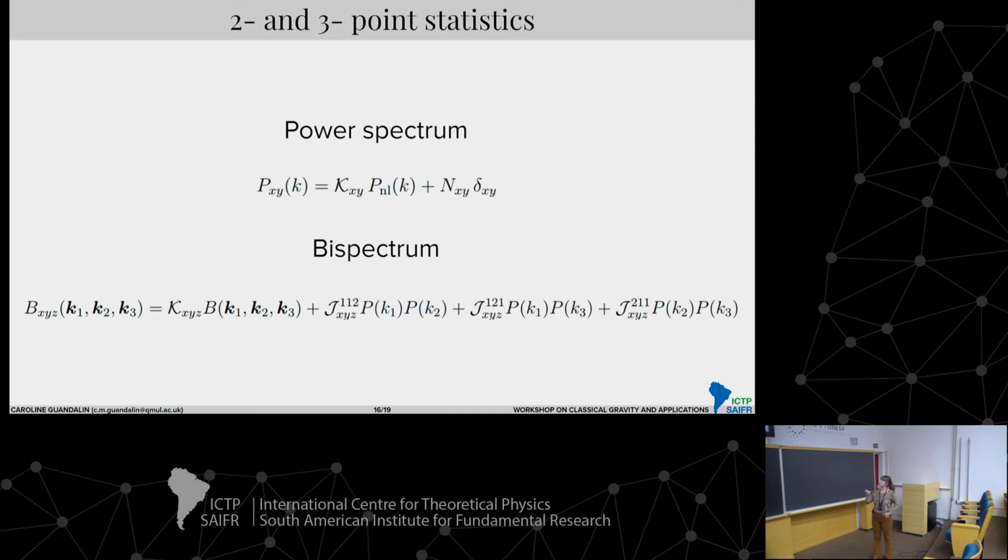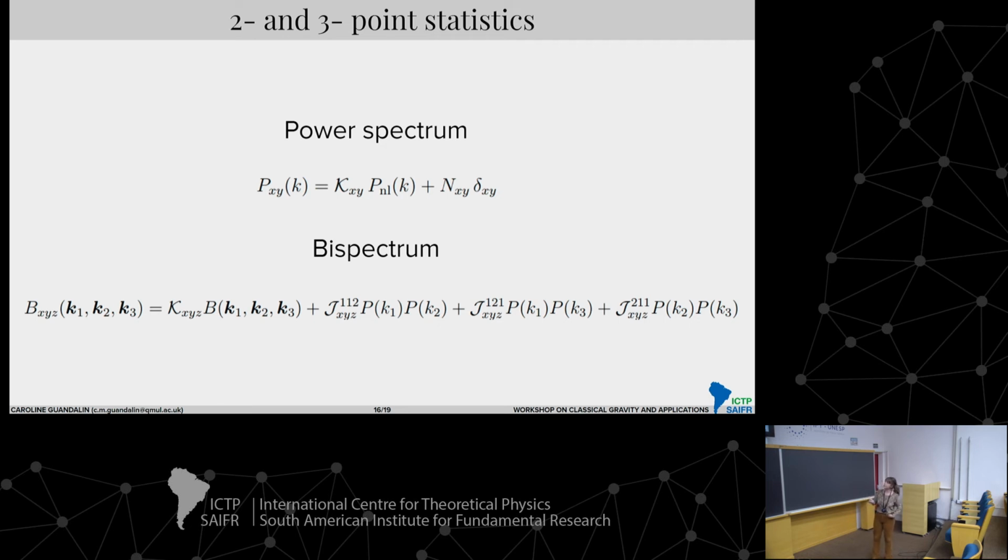So it's just to show how we can model the bispectrum. The cross-power spectrum between two different tracers will have a certain kernel here that carries the bias of these different tracers, and you have the shot noise that will appear, which would be 1 over the number density.